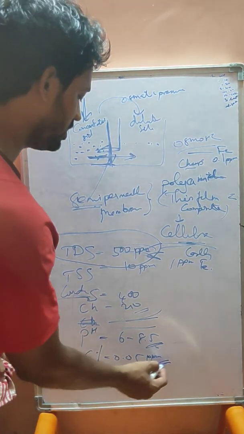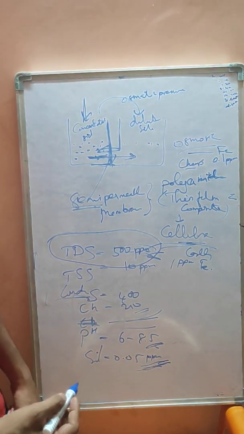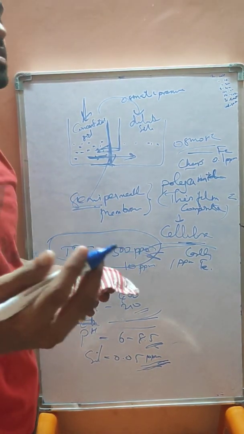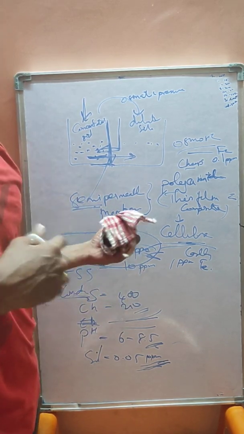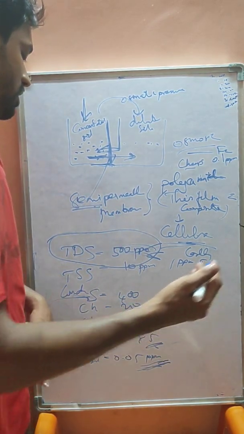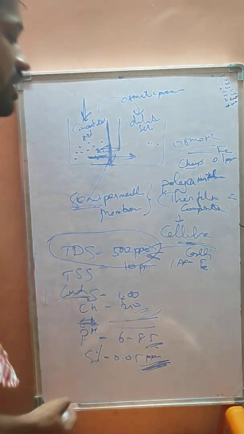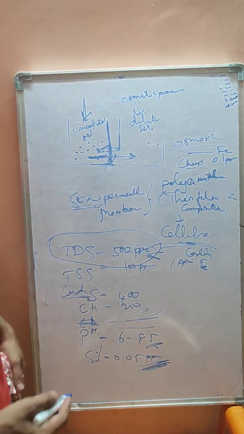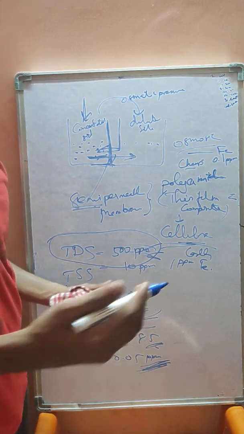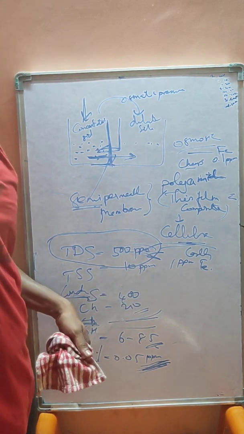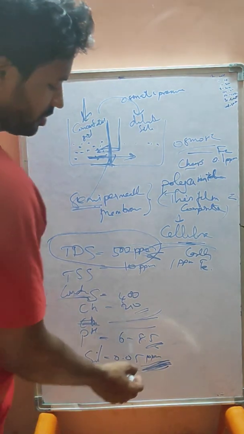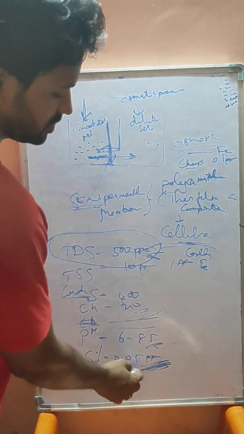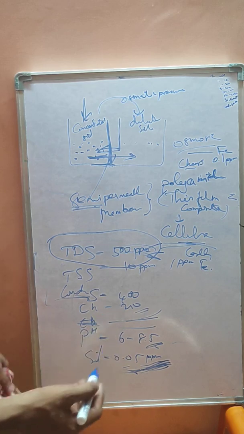So we follow it strictly here, because if DM water is used in a boiler, silica will affect the turbine blades. So silica removal is very important in RO. If we are not going for turbine and boiler production, we don't need to consider it much.